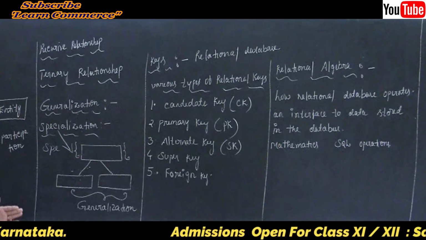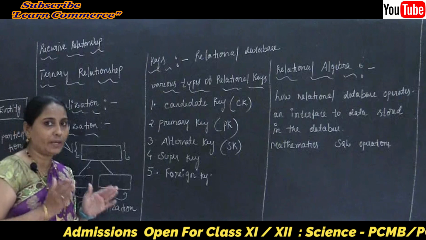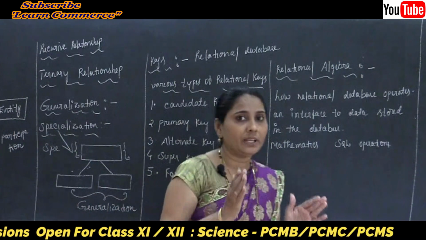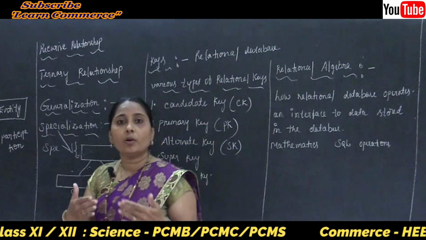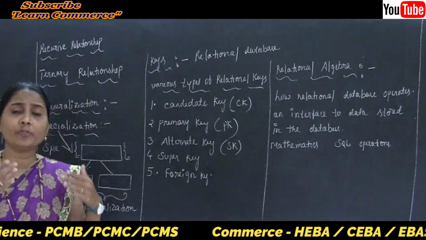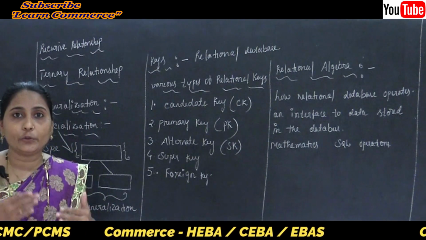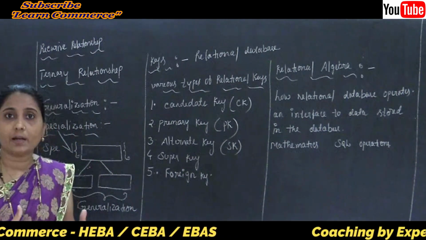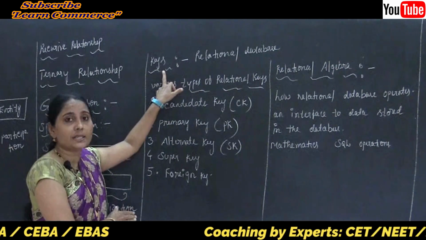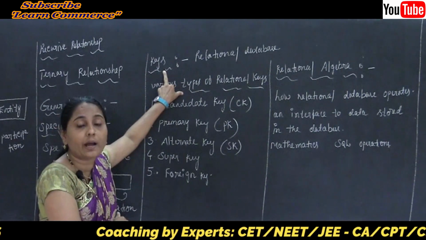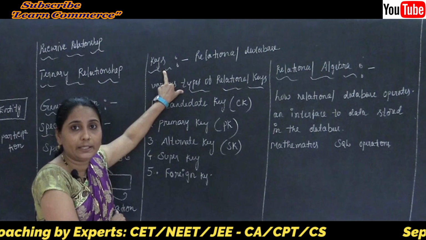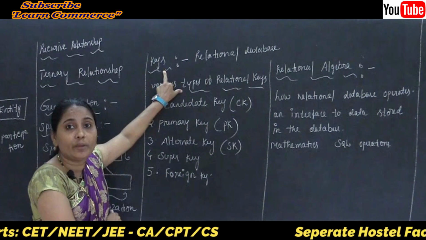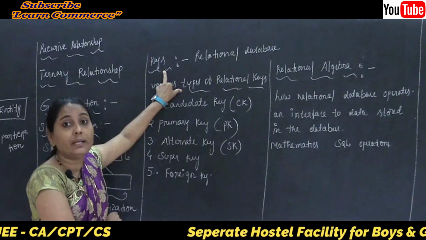Just to make the connection, the relationship between one table and another or within the table, we need to use some keys. So keys are used to establish and identify the relationship between the entities, between the tables.